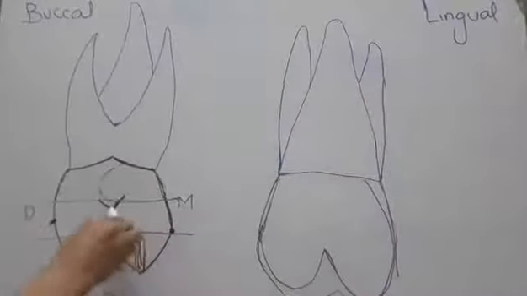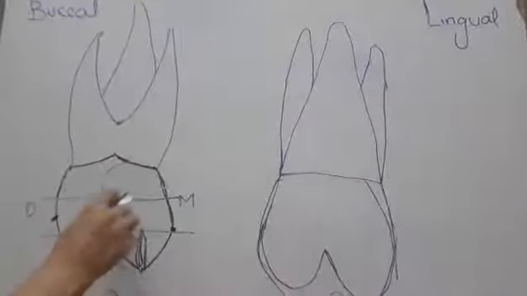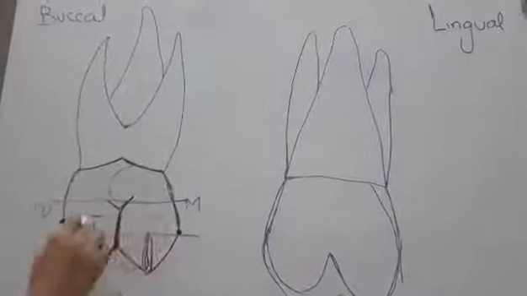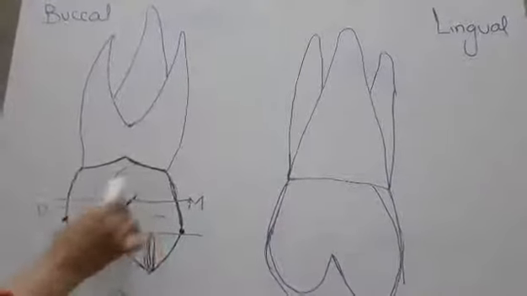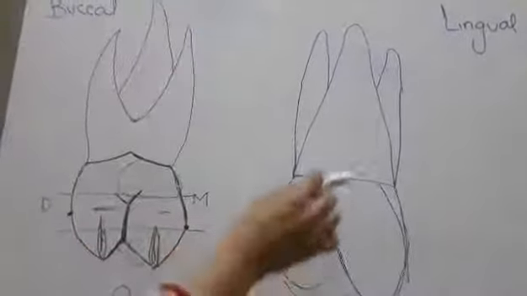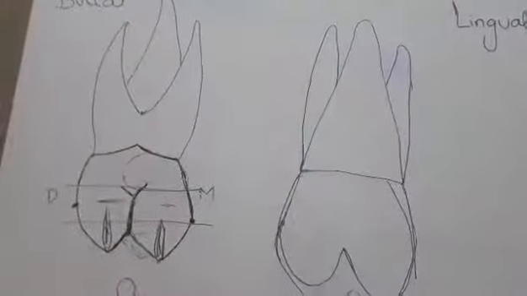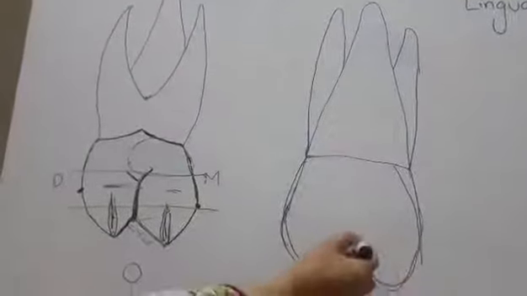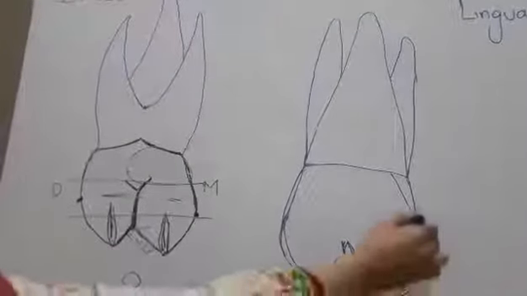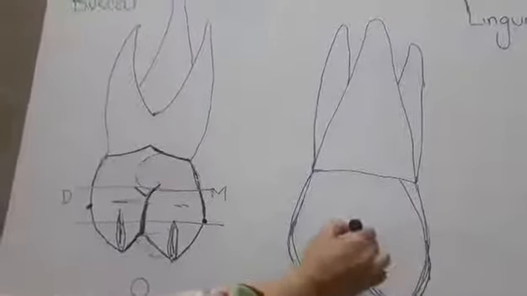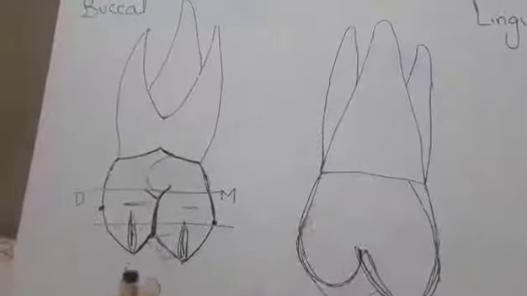Just like the buccal surface, there is no flattening or concavity in the middle third, and no buccocervical ridge. Instead, the lingual surface is just like a ball. It's convex in all dimensions, and there are two cusps. This one is a bit larger, which is the mesiolingual cusp, and the smaller one is the distolingual cusp.